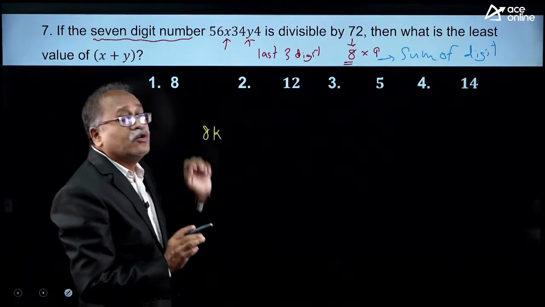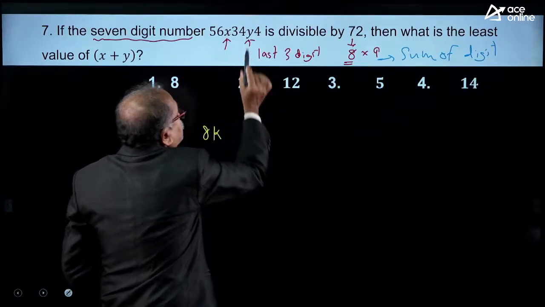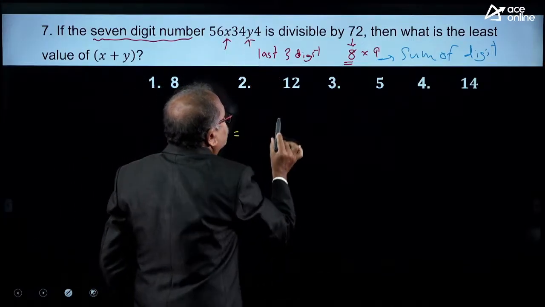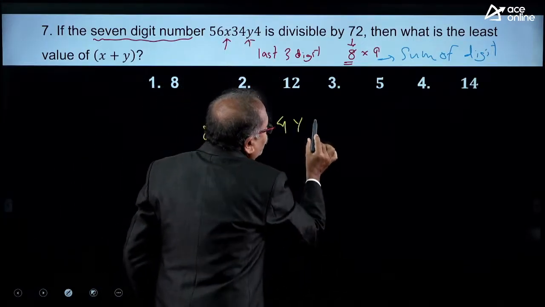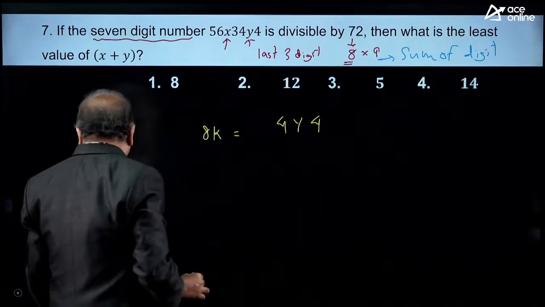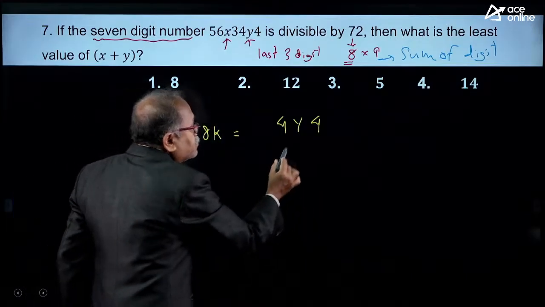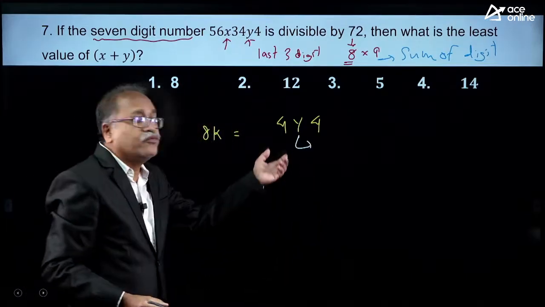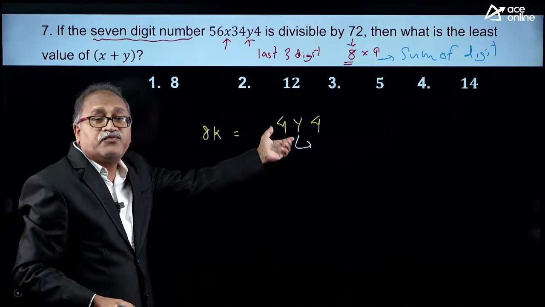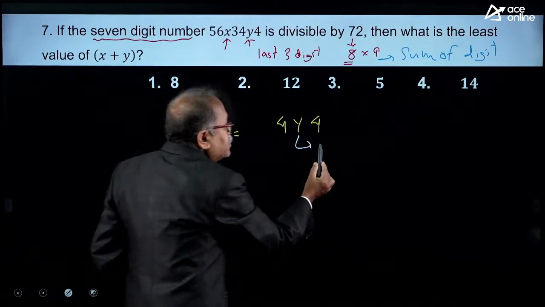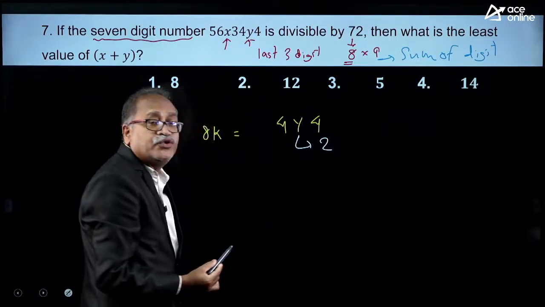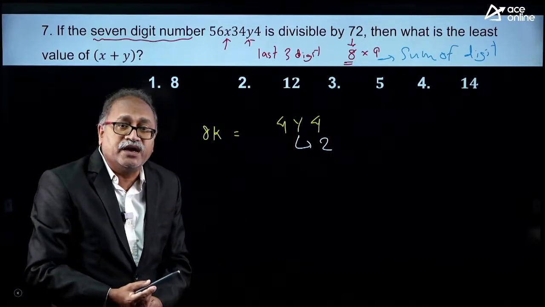What could be the value of y? So let's take only the last 3-digit number, 4y4. What is the value y can take over here? The y can take 2: 8 times 5 is 40, and if I take this one as 2, 424 is divisible by 8.